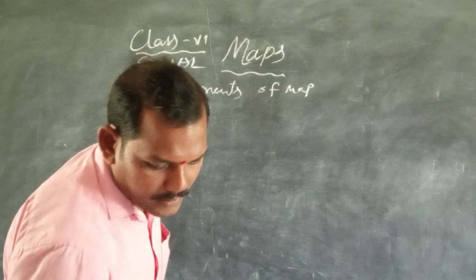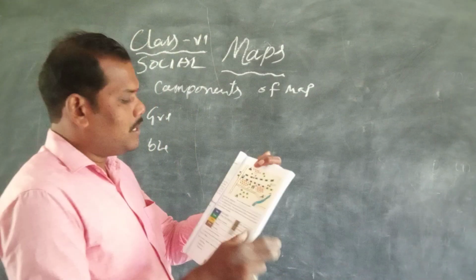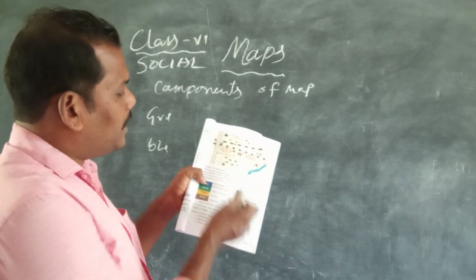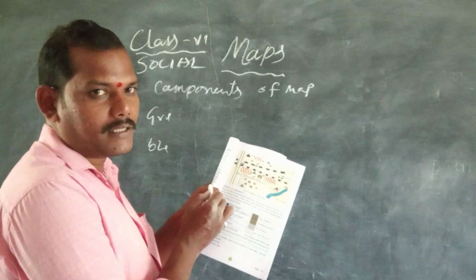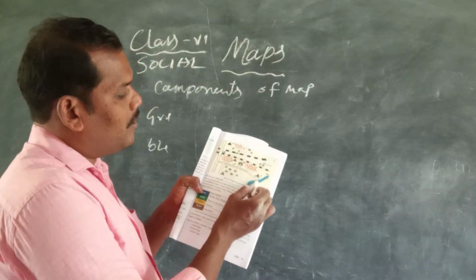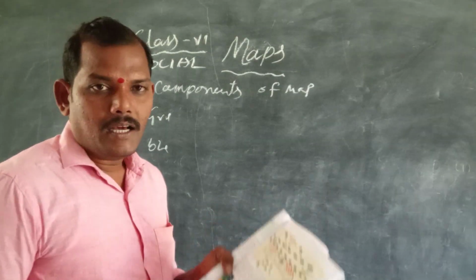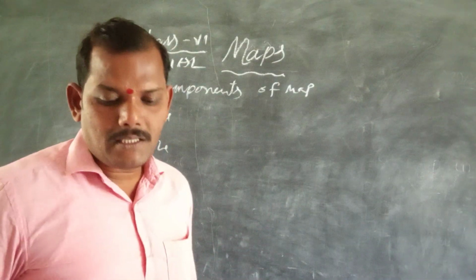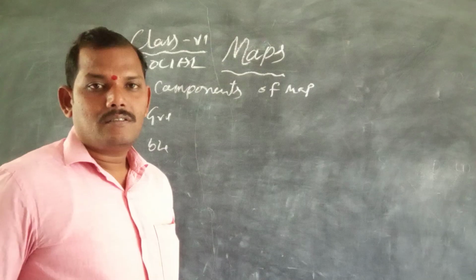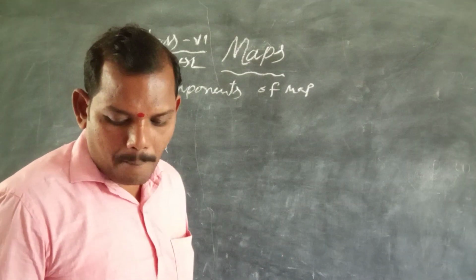Here you see on page 33, in the symbols of the map, some trees are represented with green color and the river is in blue color, right? And some lines are in black color. That means the boundary lines are all shown in black color.